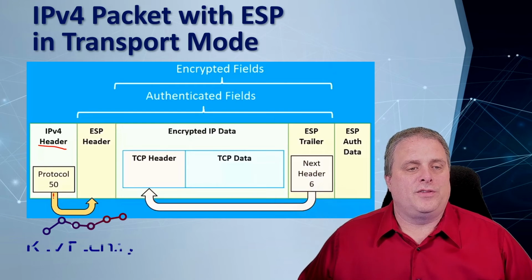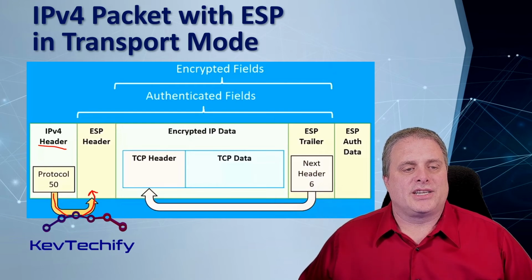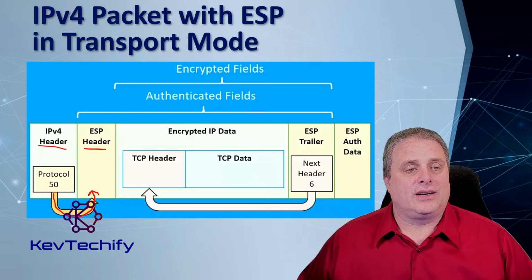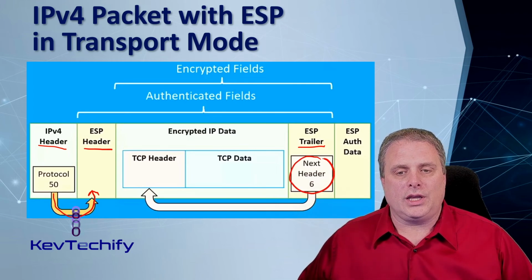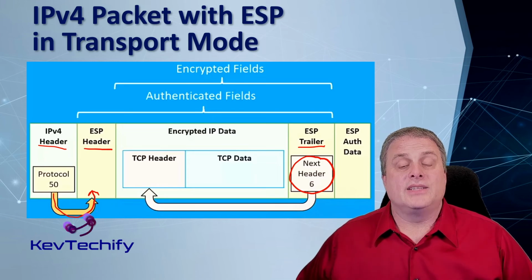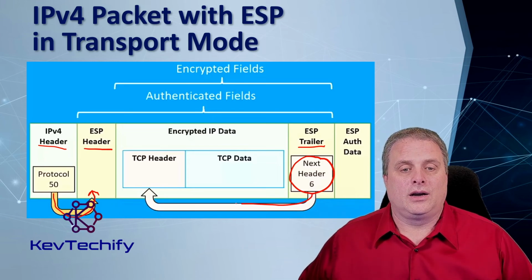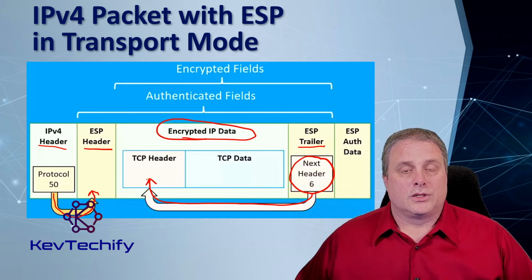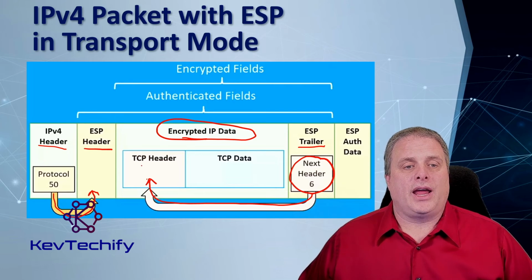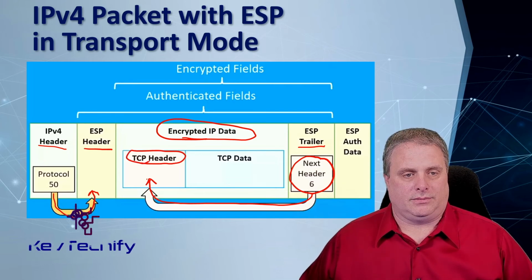With protocol 50, because we are using ESP, we have an ESP header and an ESP trailer, and the ESP trailer tells us that the next header we're looking at is the TCP header that is here in the encrypted IP data. So once this is decrypted, we're going to have our TCP header.